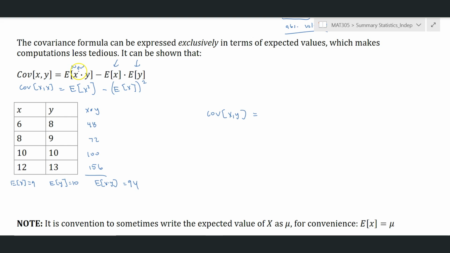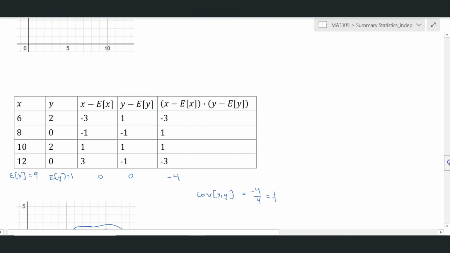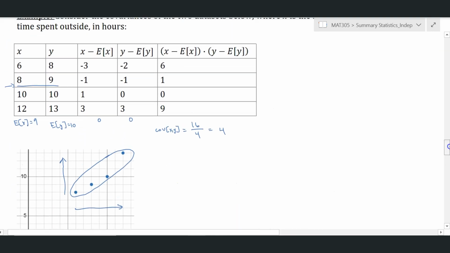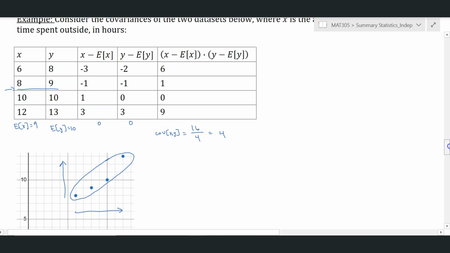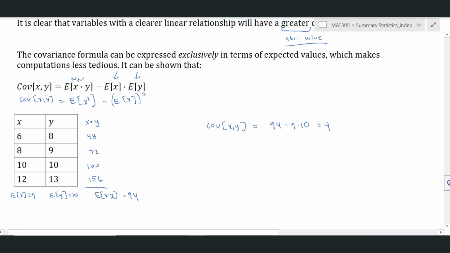Now, abiding by the formula, we have 94 minus 9 times 10, and that gives us a covariance of 4. And lo and behold, it is exactly the same covariance that we achieved up here in our initial age versus hours outside example.